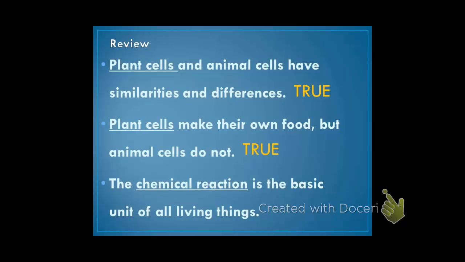What cell organelle is kind of the oven where the food is made? Mitochondria? No, but you're getting warmer. Cameron? The chloroplast. We just mentioned it. Plant cells make the food in the chloroplast. The chloroplast is kind of the kitchen where the food is made.